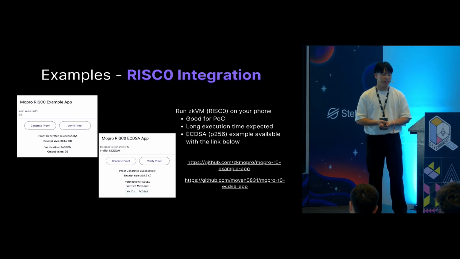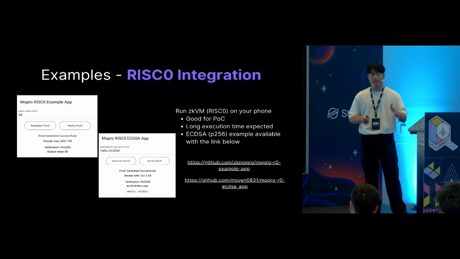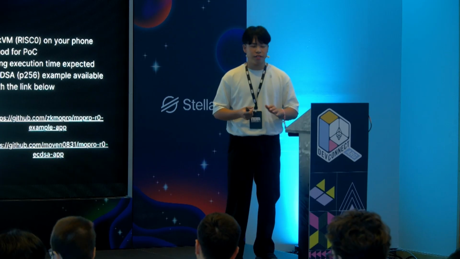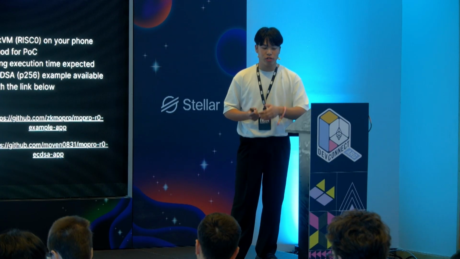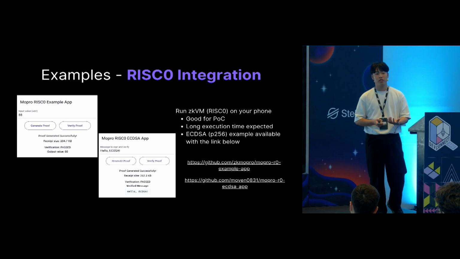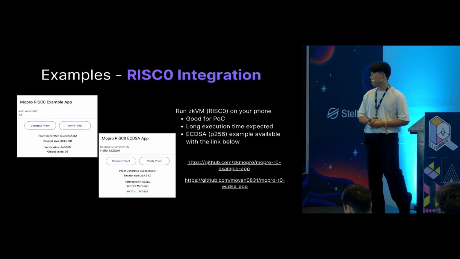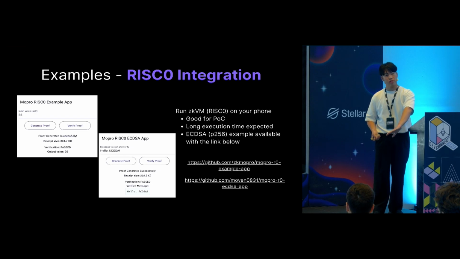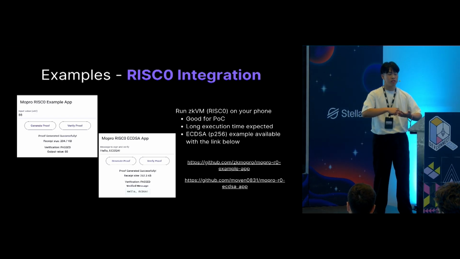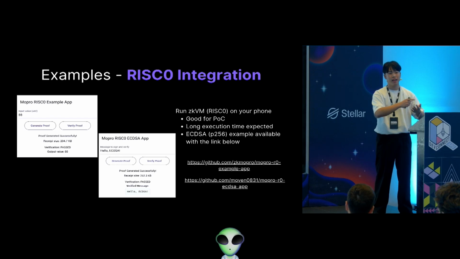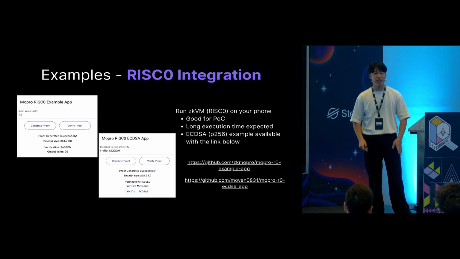This is quite a cool experience, and it turns out it actually works, but it has a long execution time. Our benchmark is close to 90 seconds for the ECDSA proof, but there are a lot of ways to improve that. On mobile, we also have some tweaks we can do for this kind of scenario. For example, you can put these long proof generations into a background service, so you can even generate a proof while you close the app and put it in your pocket, and once the proof is done, it will notify you.